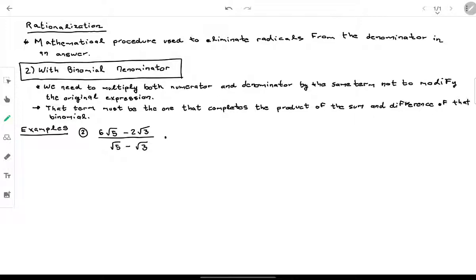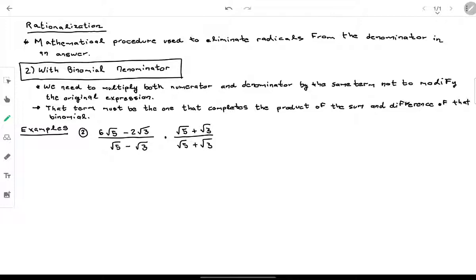Remember, we need to multiply by the product of the sum and difference of that binomial. So it's going to be one that does not change sign and the other one that changes sign. If we put it on the denominator, we need to put it also on the numerator.